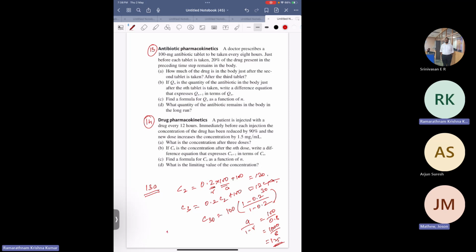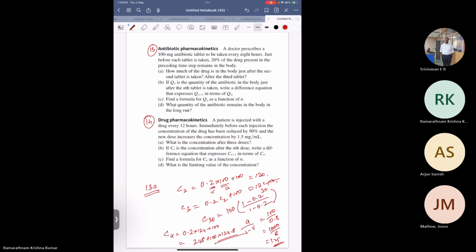Let's look at the fourth day: 0.2 into 124 is 24.8, so 124.8. Almost by the fourth day you are reaching it.